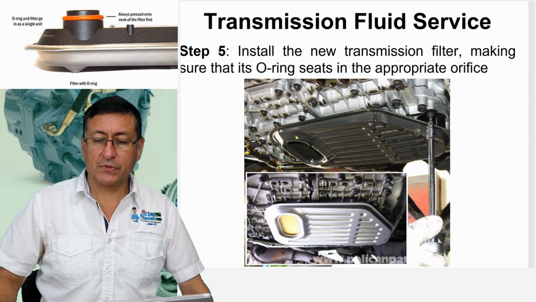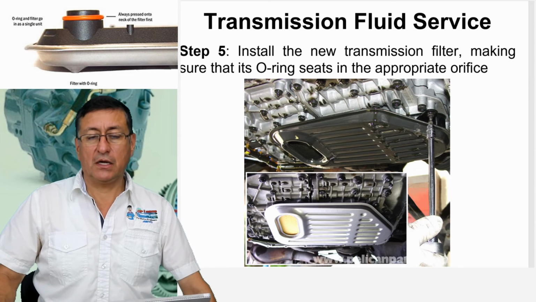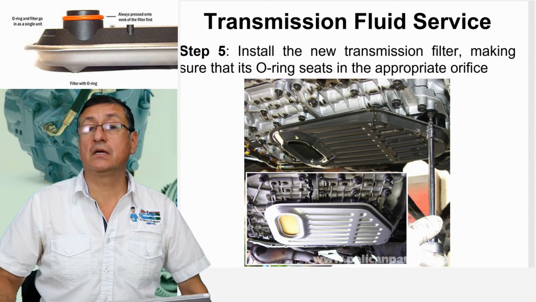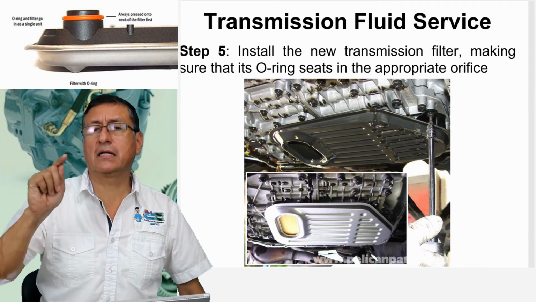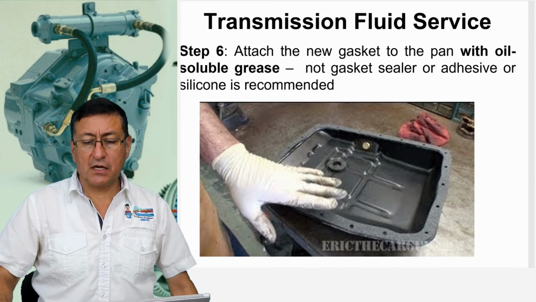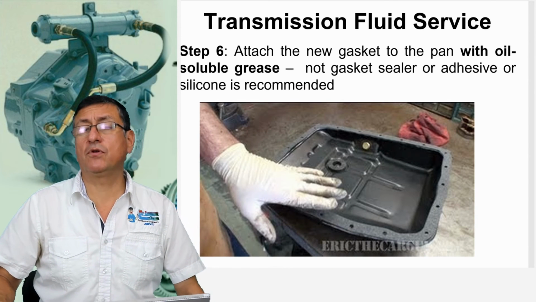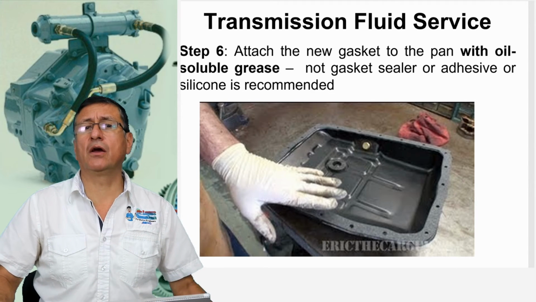This is the procedure in order to put back the new filter. Be careful with the O-rings. Install the O-rings appropriately, and put back the new filter. It's not complicated.